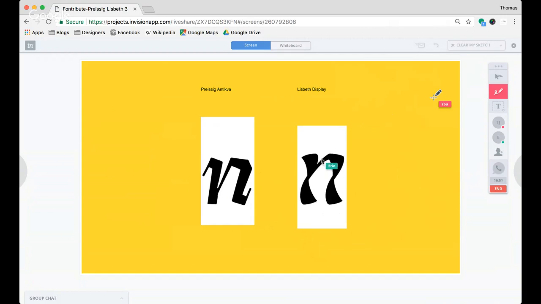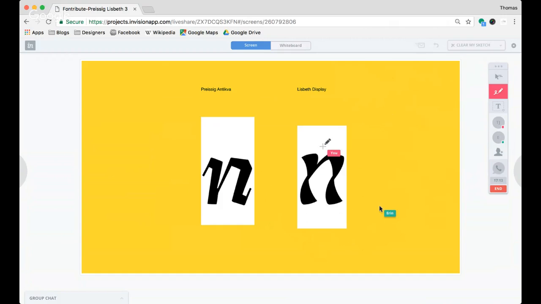Check out the thin areas here. We've got some thins, we've got some thicks. Overall, if you squint, maybe Lisbeth is a touch darker, but I don't know. The weight differences end up with a similar overall weight effect, even though they're completely different structurally. It's interesting.